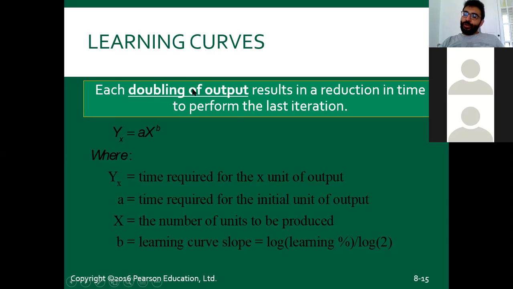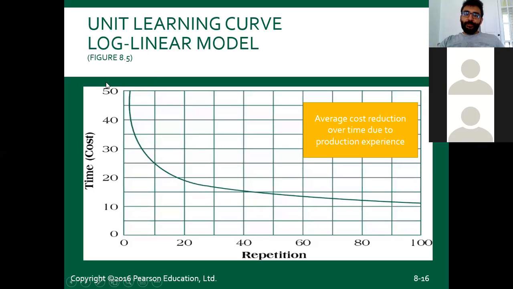So at the beginning of the project, people are not used to doing that project. For example, producing some product at the beginning of the project. They don't know how to do that. But as time passes, they get used to it. They know how to do that, and the time they need to produce the same product will decrease. This is what a learning curve means.